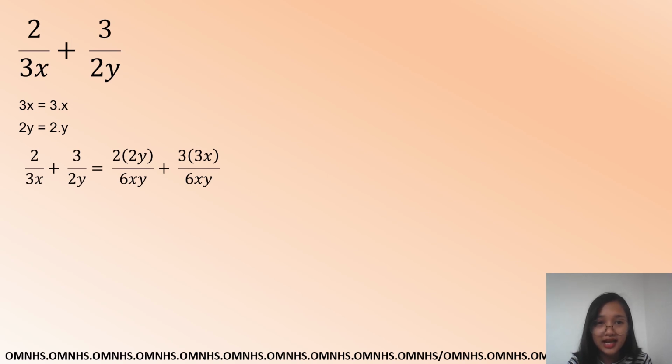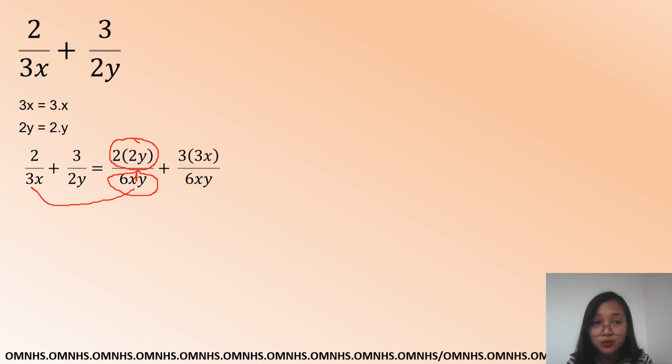So 2 over 3x plus 3 over 2y is equal to 2 times 2y all over 6xy plus 3 times 3x all over 6xy. So, saan nanggaling itong 2 times 2y? Since we have the same or the LCD, the 6xy divided by 3x is 2y.